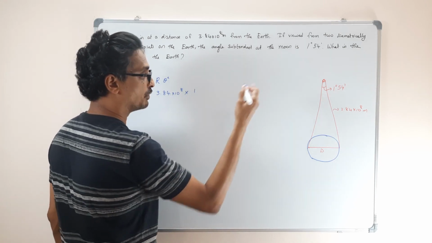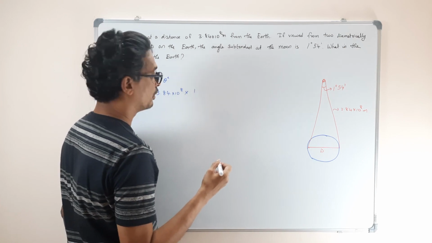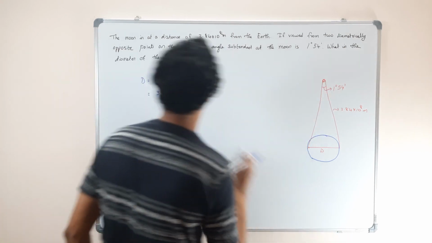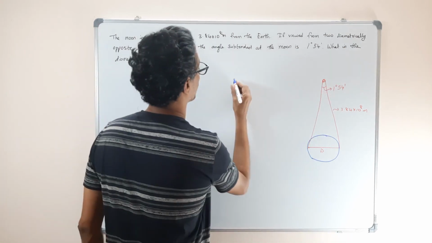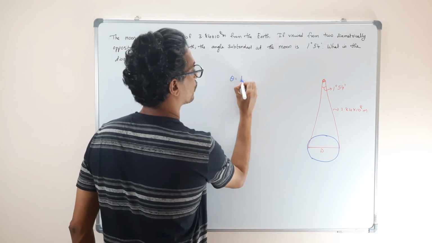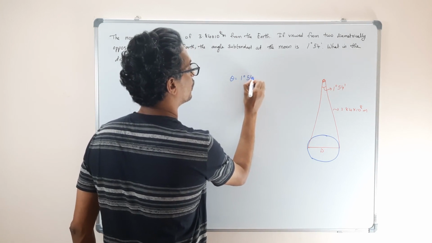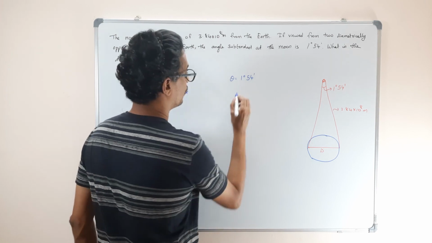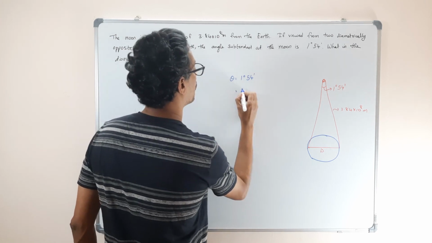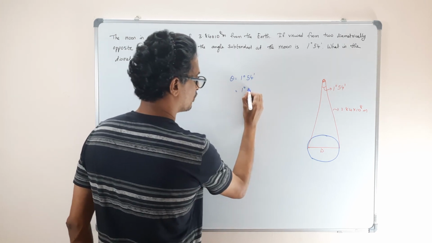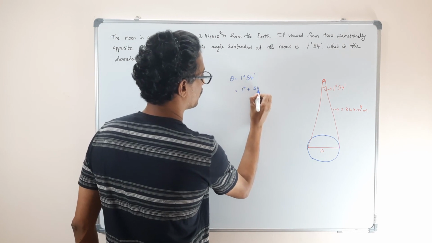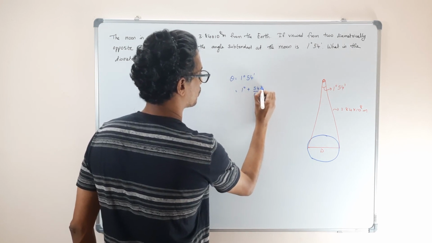Let us first convert theta into radian properly. What they have given, theta is equal to 1 degree 54 arc minutes, correct? So this will be 1 degree plus 54 by 60 degree. You remember that?